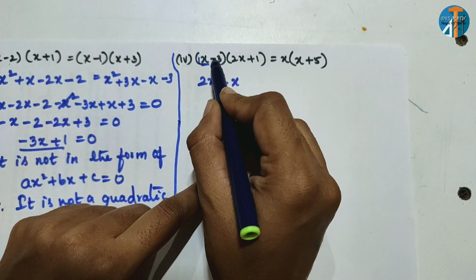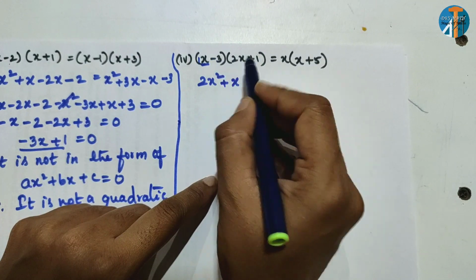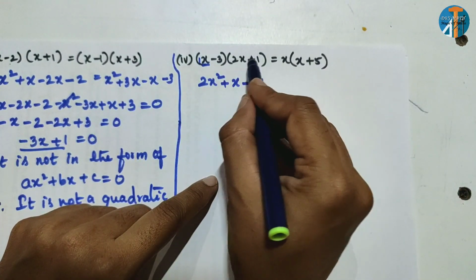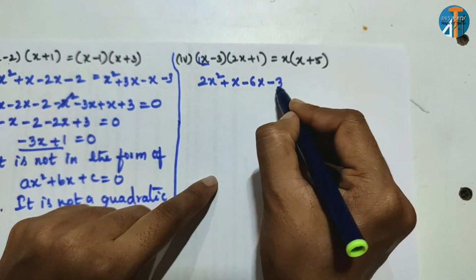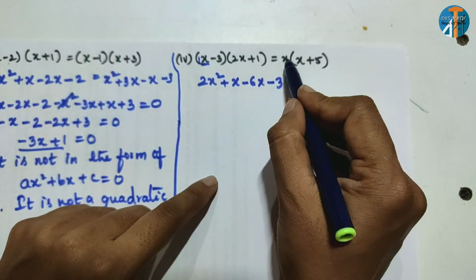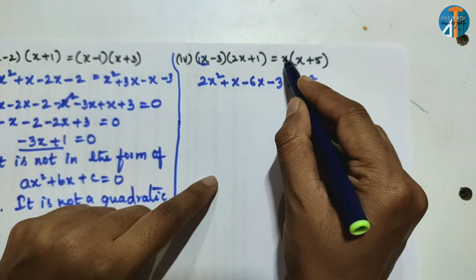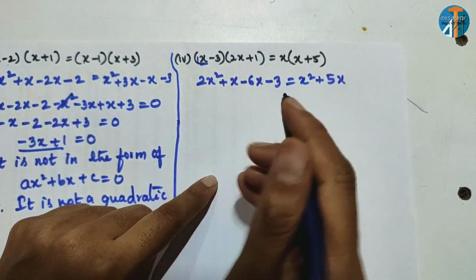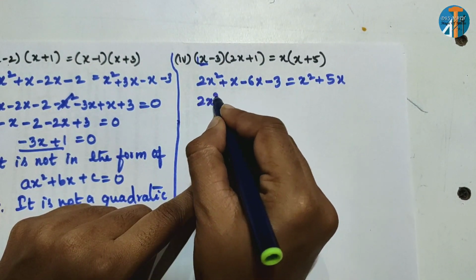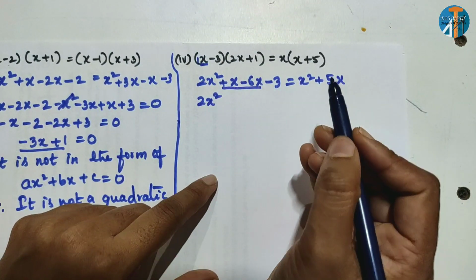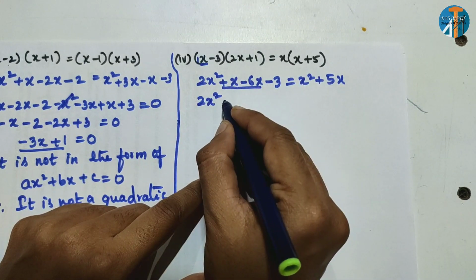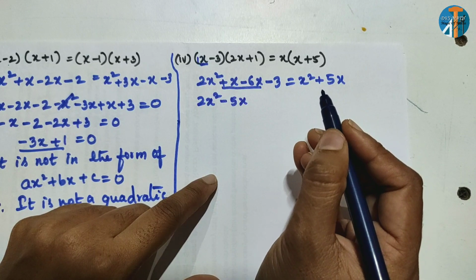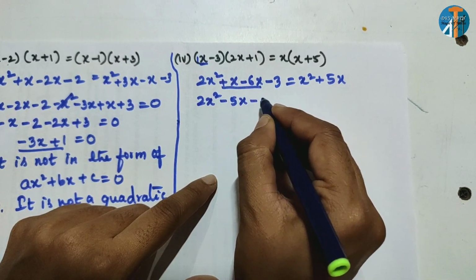Again minus 3 into 2x: minus into plus is minus, 3 twos are 6x. Minus into plus, minus 3 ones are 3. So x into x is x square, plus x into 5 is 5x. Let us take everything to this side. So 2x square, plus x minus 3x, which is minus 5x, minus 5x minus 3.